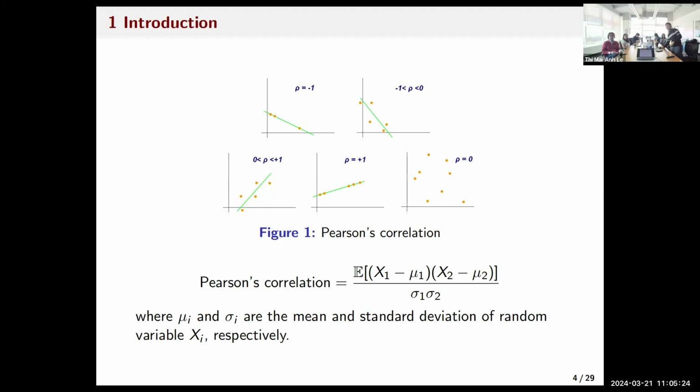In figure 1, we can see different Pearson correlations describing different dependence structures between x1 and x2. The formula of the Pearson correlation is this one, where mu i and sigma i are the mean and standard deviation of the random variable Xi respectively.